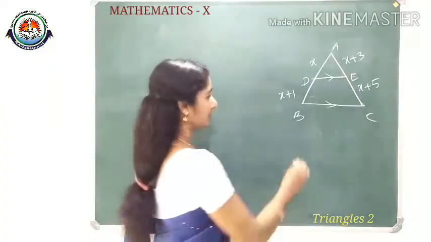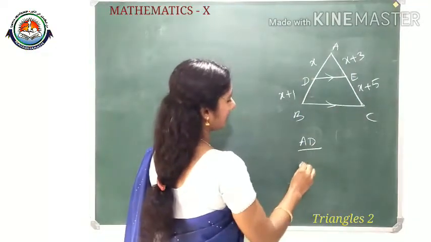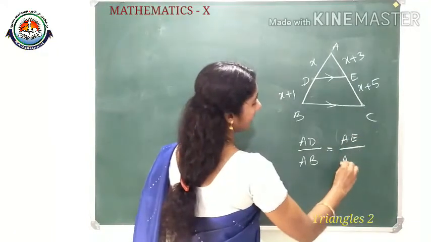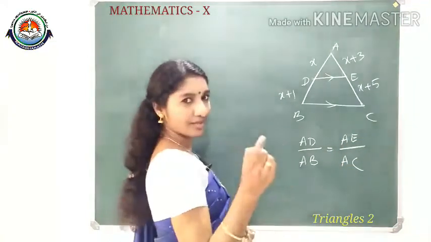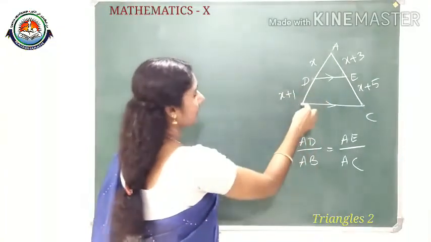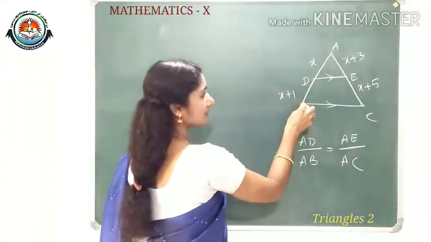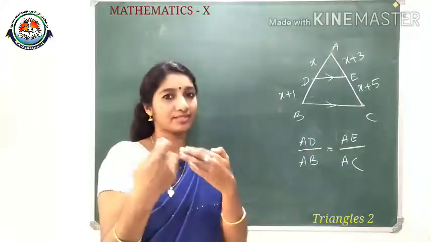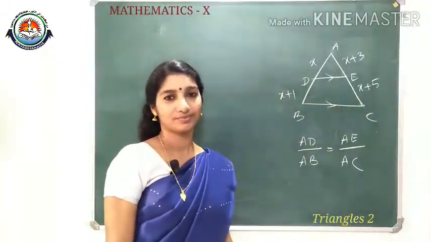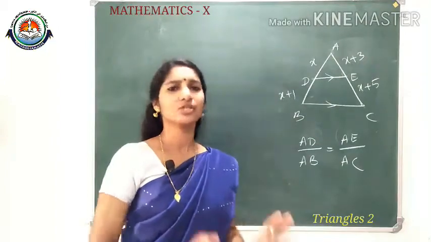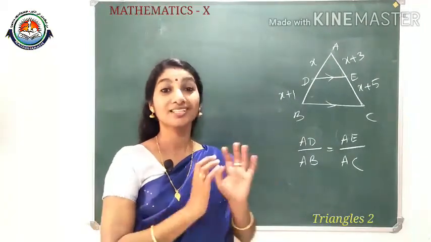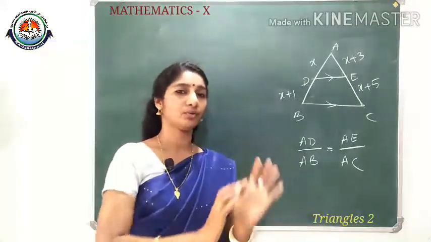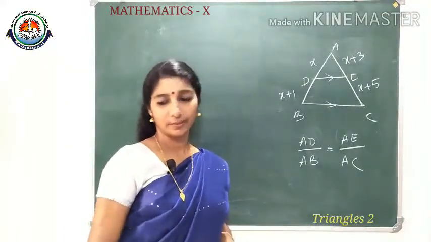If you are taking the ratio AD by AB, then the same ratio there also, AE by AC. Or if you are doing DB by AB, then it is equal to EC by AC. How you are taking the left side, same way you can take the right side also. Clear? The thing is ratio same. Which ratio? Corresponding ratio. Which way you are taking one side, the same way we will take the other side also.